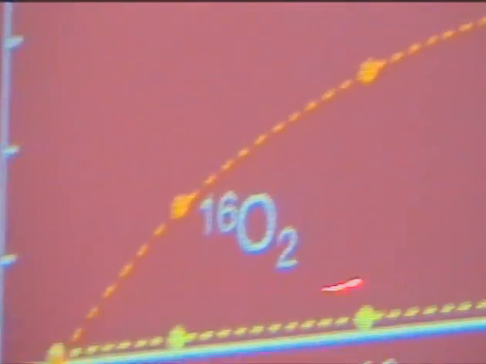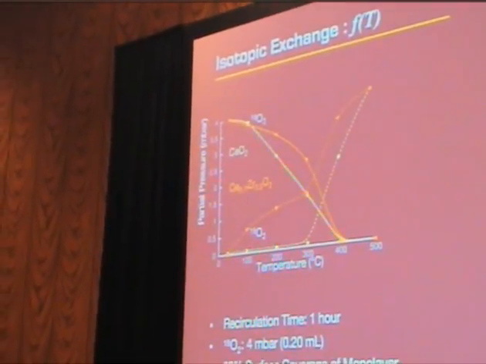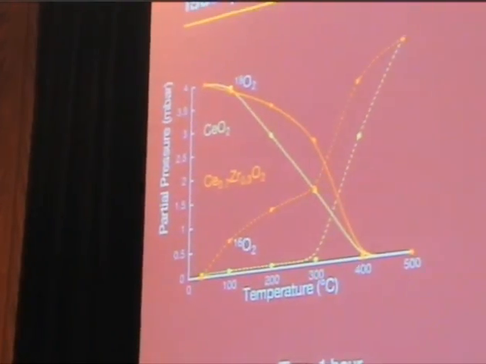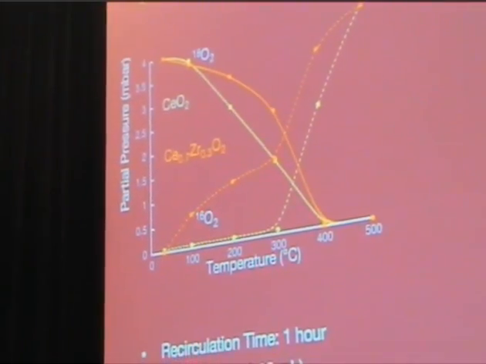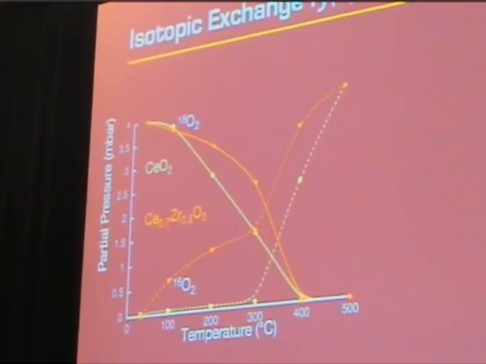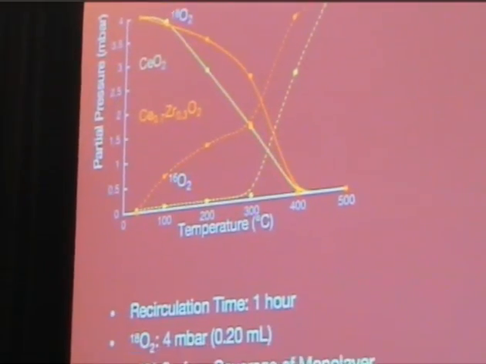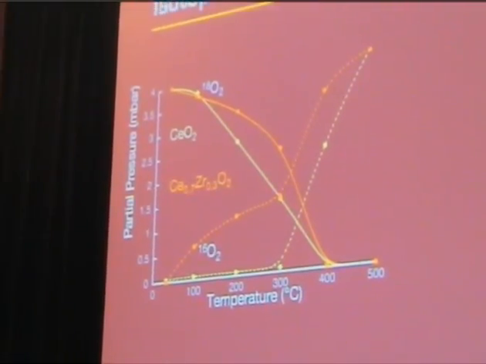However, the exchange amount of oxygen-18 was much more than what we saw from the cerium oxide support only. So this illustrates that the zirconia promoted some type of surface oxygen mobility on the cerium oxide support.